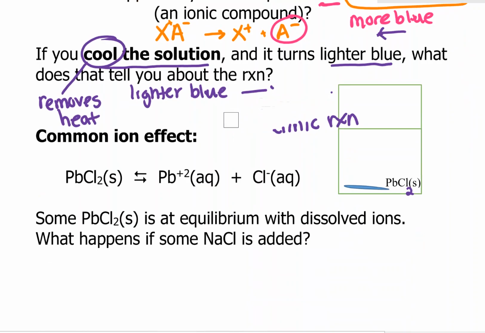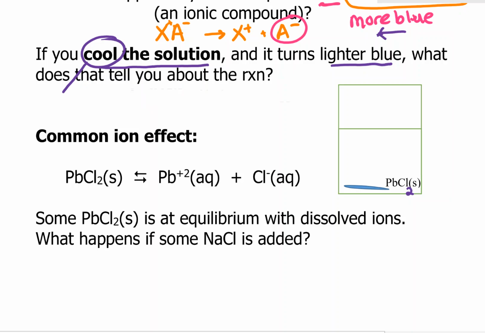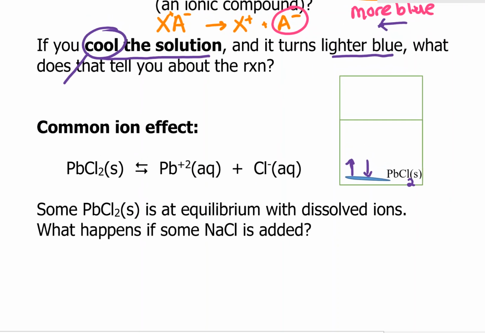Okay, let's look at another example with this compound that's not very water soluble, lead 2 chloride. Lead 2 chloride, when you put it in water, mainly doesn't dissolve, but there are some of these ions floating around in equilibrium, just not very many at all. But it's there. And so what if we added some sodium chloride? Sodium chloride, when you put it in water, is very water soluble.